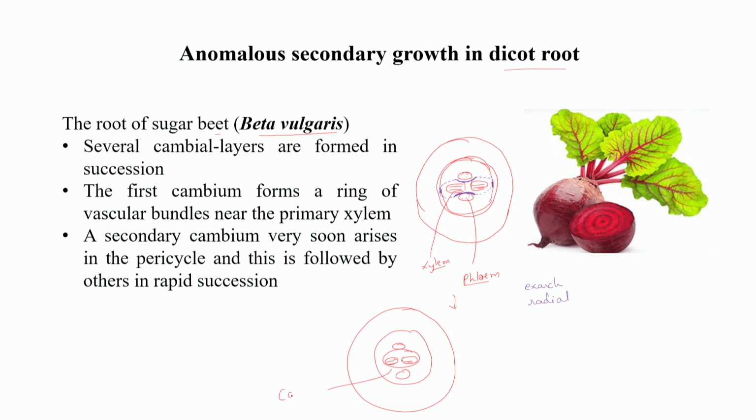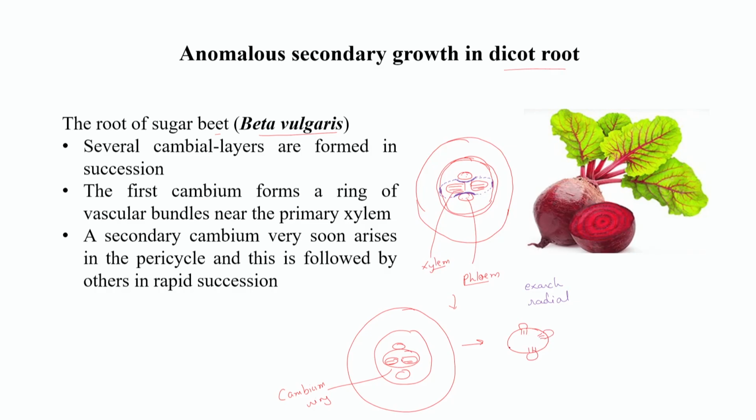This is the cambium ring. Okay. Now this cambium ring will start cutting xylem on the inner side and phloem on the outer side.